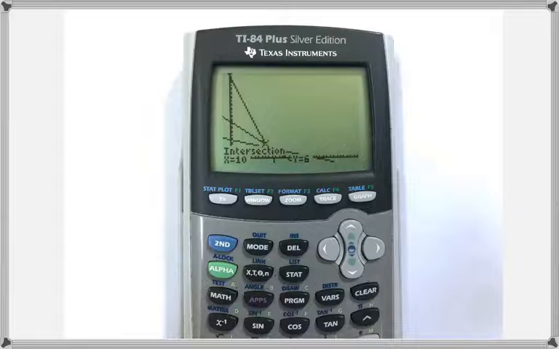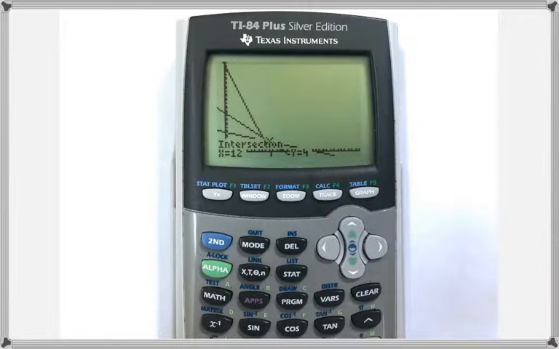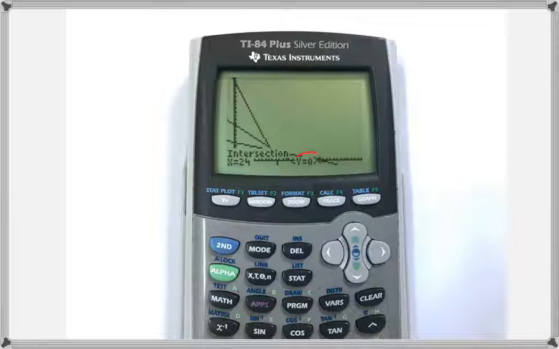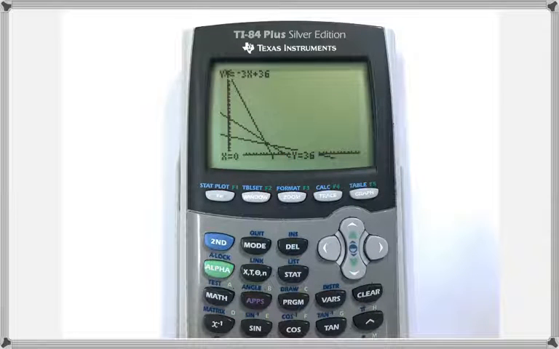So I'm ready to find the intersection points on the calculator. And I'm skipping a couple steps here in this video, but if you want to see how to do the intersection command and all of the steps with the first curve, second curve, and guess, you can refer to the previous videos where I go into detail about that. So my intersection points are (10, 6), (12, 4), which is actually really close to that, (24, 0), and (0, 36).